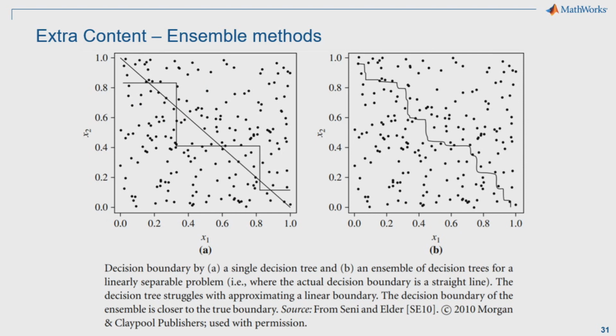When you want to solve a problem like this with a decision tree, for instance, you will have a decision boundary that, instead of being the straight line that you see in the middle of picture A, is a piecewise linear function, which of course can become better than this, but one way to achieve a better accuracy could be to combine many decision trees to achieve a finer decision boundary for your classification problem, as you can see in the right picture.